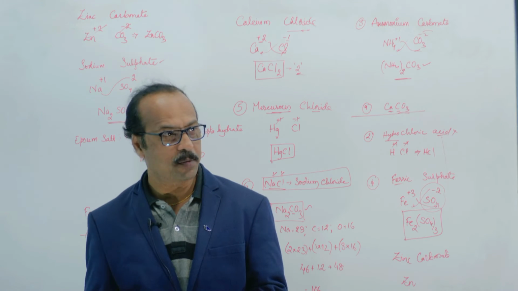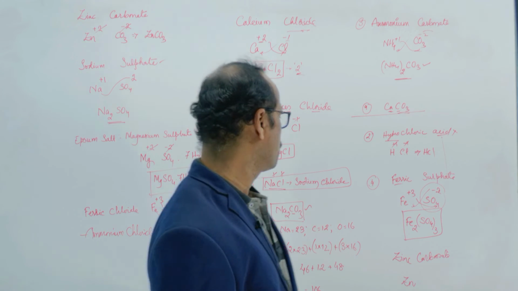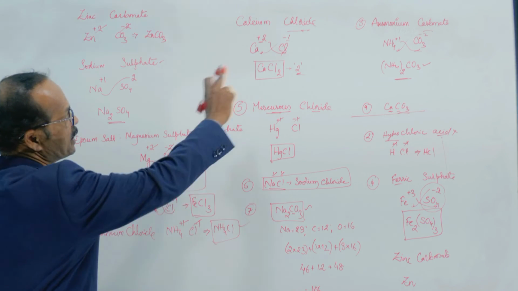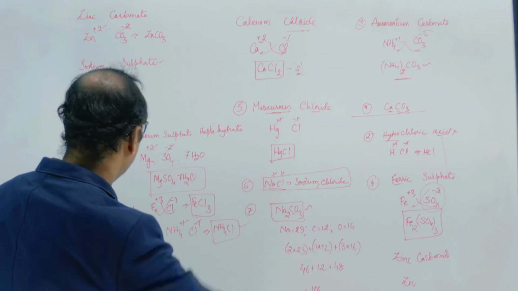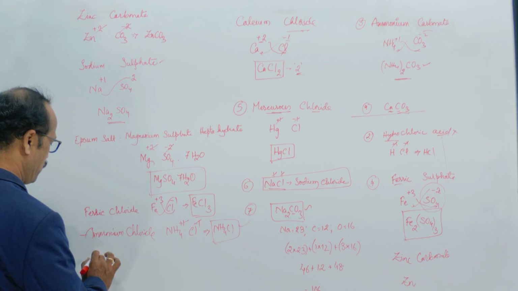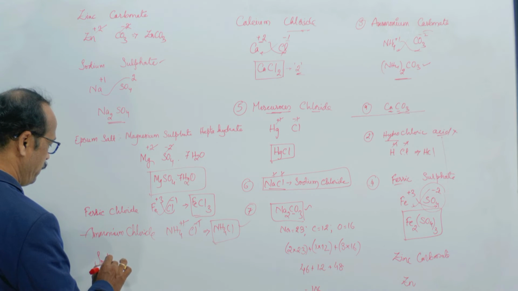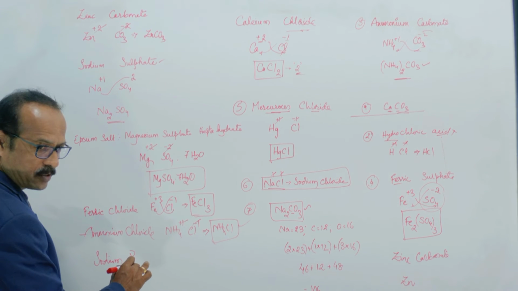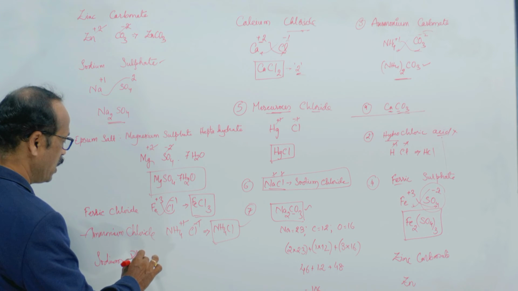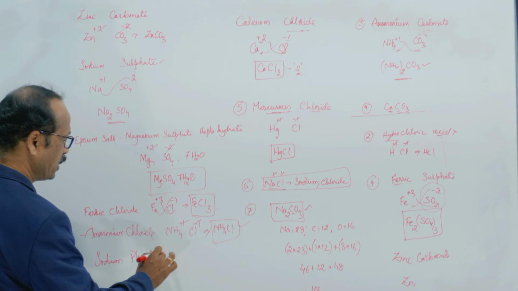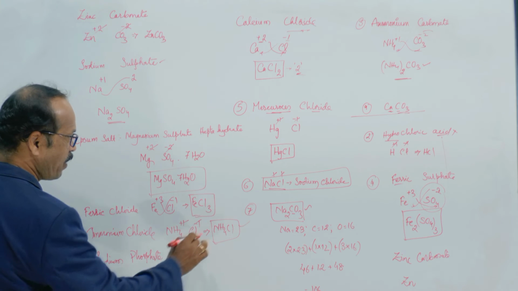Sodium phosphate has the chemical formula. Sodium phosphate, can you see? Sodium symbol is Na, valency plus 1.